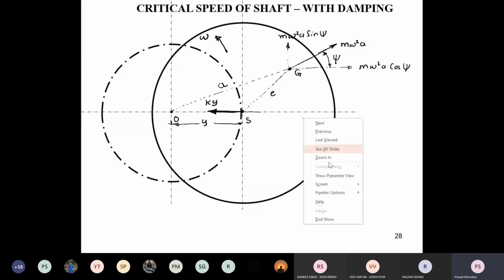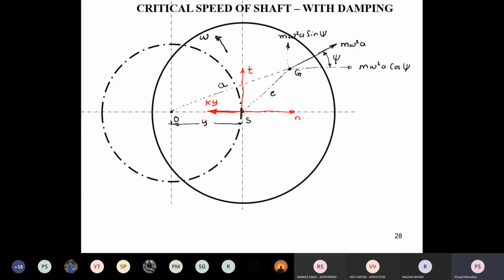We are going to define two axes: the normal axis n and the tangential axis t.